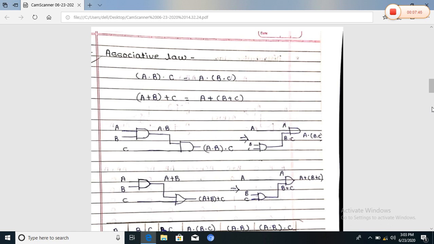These expressions can be expressed diagrammatically.